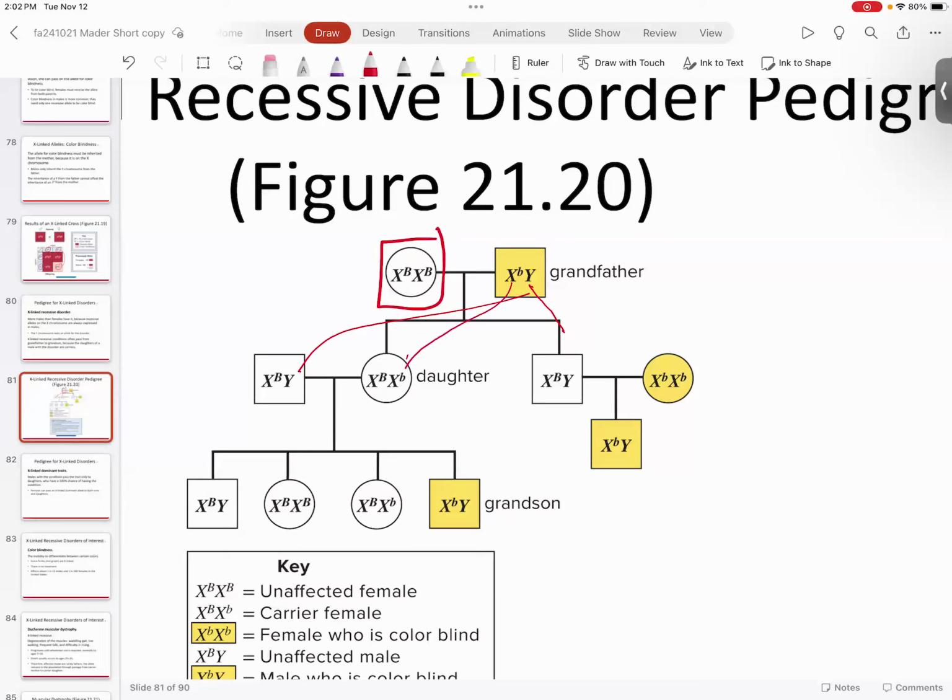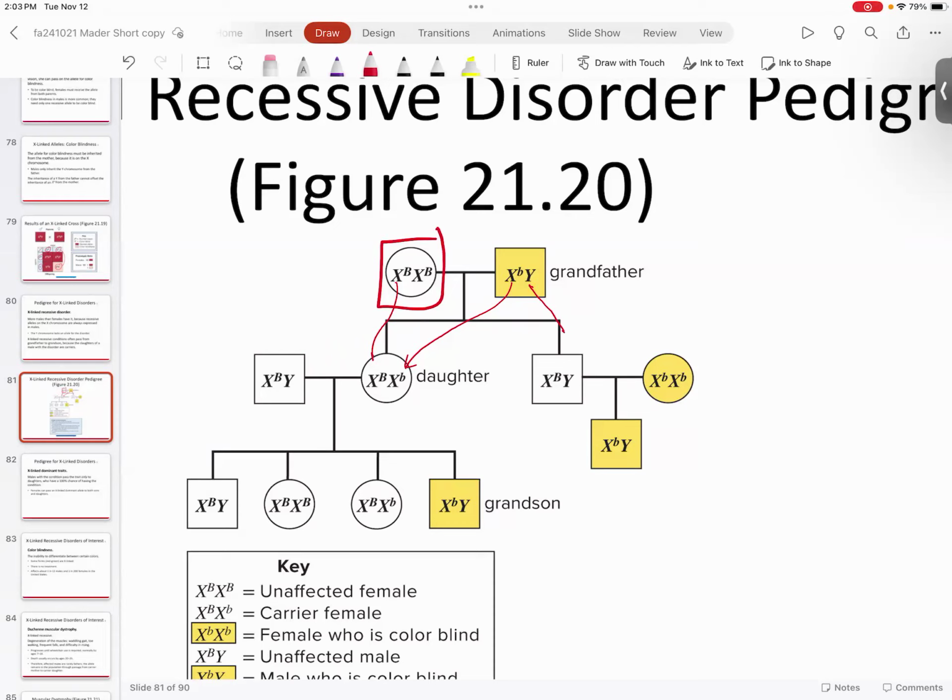So he'll give a colorblind X to his daughter, and then that daughter gets a normal one, and she's a carrier. Now, when she basically has... whoops, sorry, he didn't pass that one X on, because that would be inbreeding.